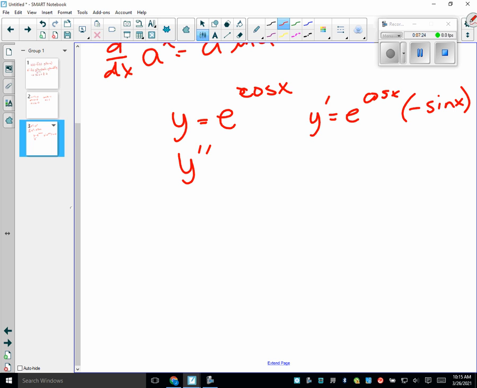All right, so now is it a product? It is the first times the derivative of the second, plus the second times the derivative of the first.